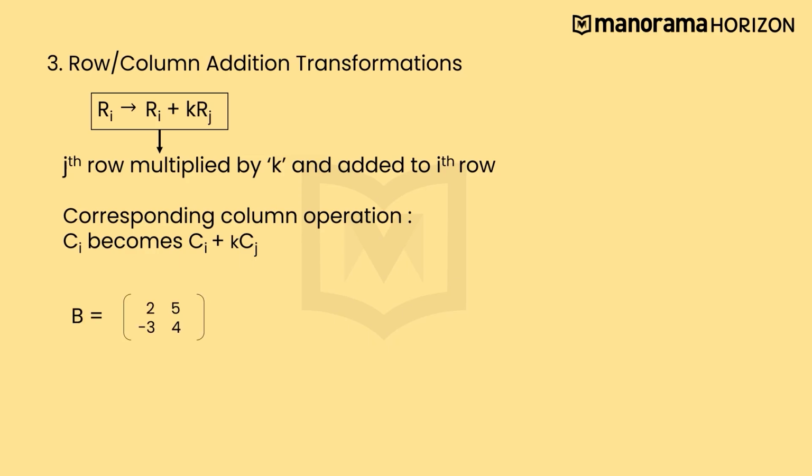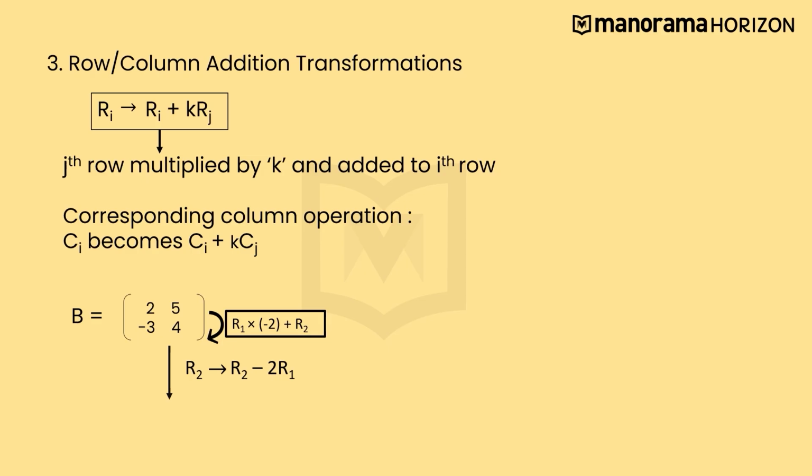Consider, for instance, matrix B is equal to 2 5, minus 3 4. Now applying R2 becomes R2 minus 2 times R1 to the matrix B. So first we need to multiply each entry in row 1 with minus 2, and then we add it to row 2.